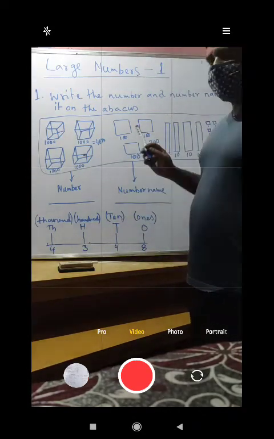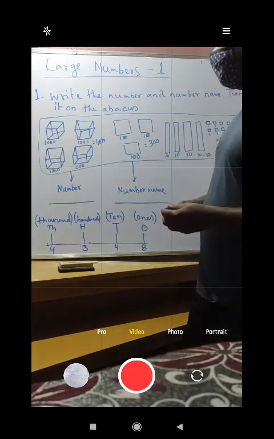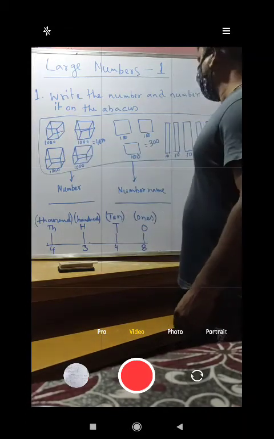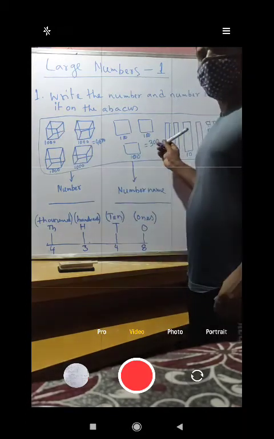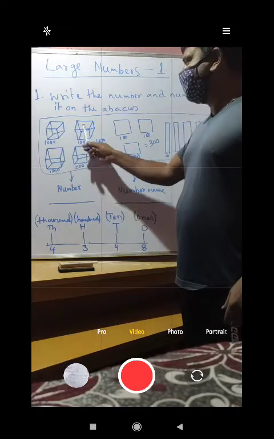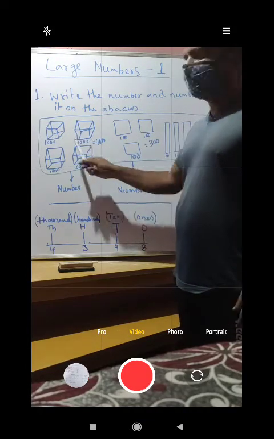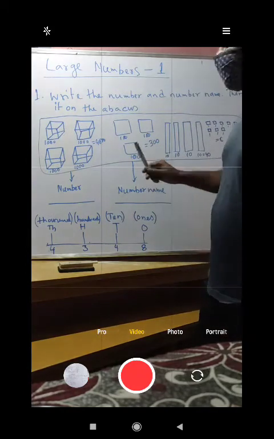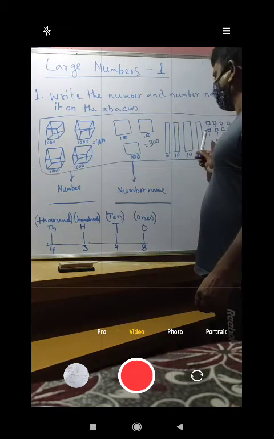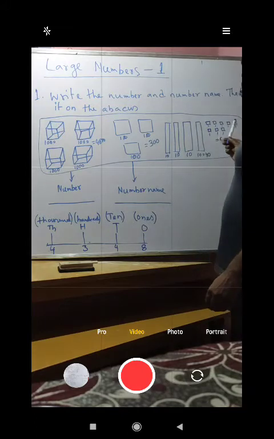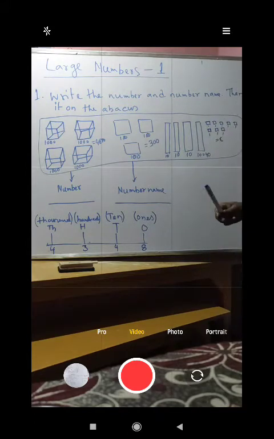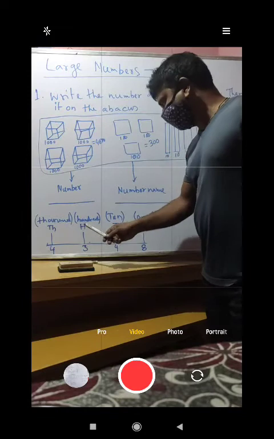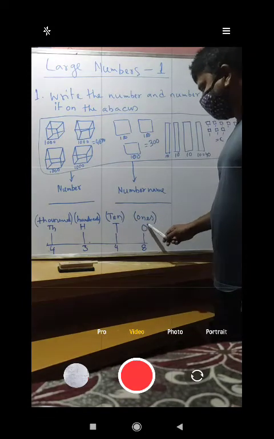Let us see how we are going to do this. These are all the blocks, the standard form of it. Each of these blocks will represent 1000, each of these blocks will represent 100, each of these blocks will represent 10, and each of these blocks will represent ones. As it is written: 1000, 100, 10, and ones.